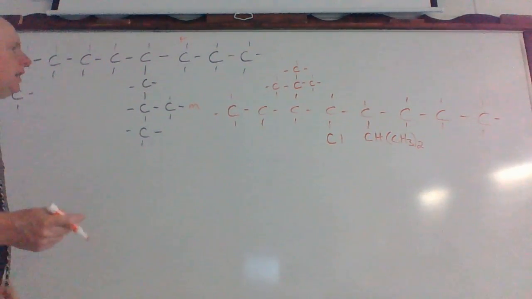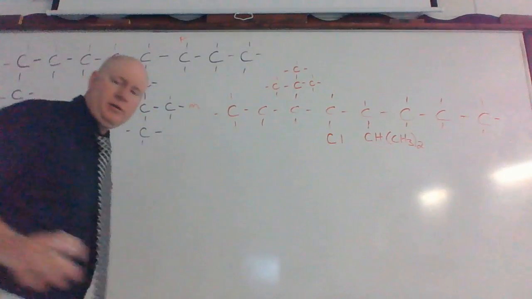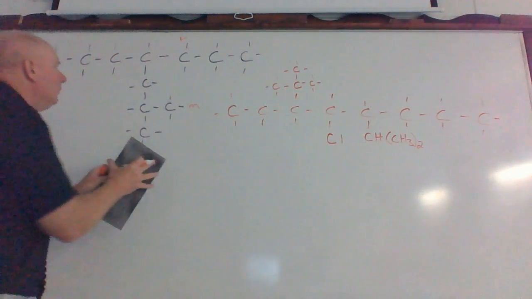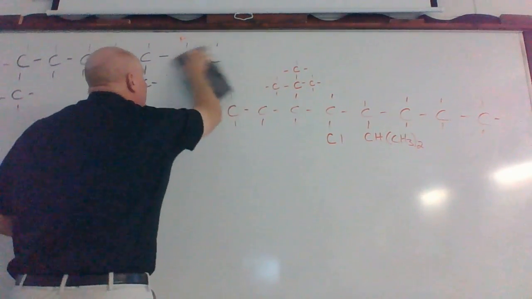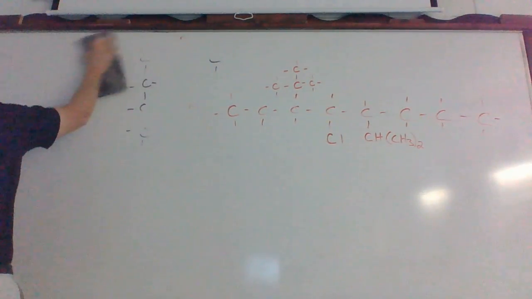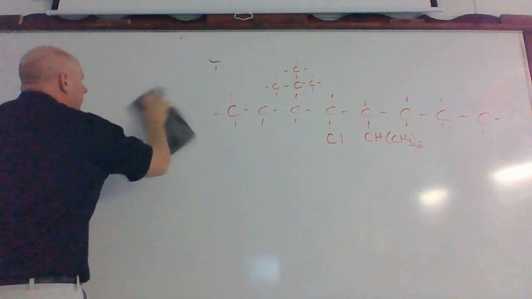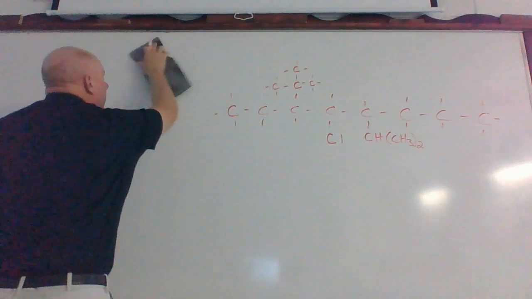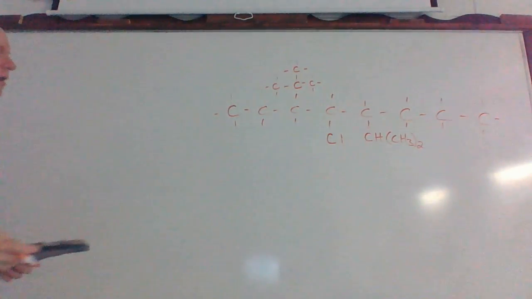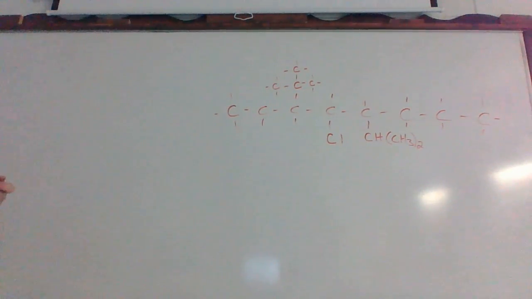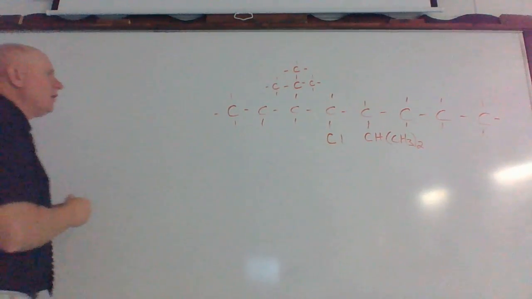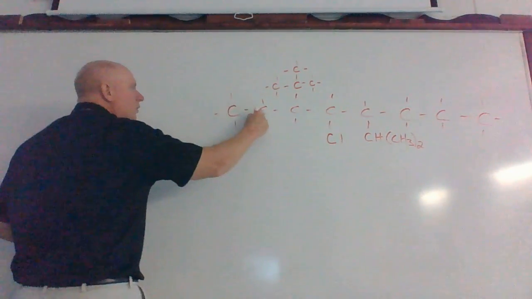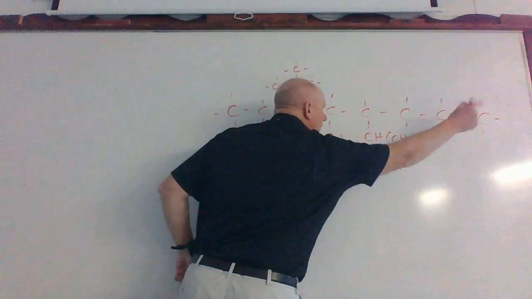Okay. Now we've got this red one. I'll erase the rest of this too, even though it's a different color. Probably helps. Okay. Longest continuous chain, that might be octane. I can't remember what it was.